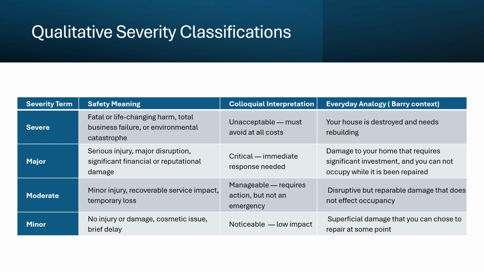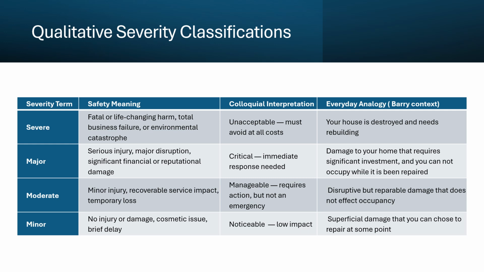Just as we saw that we can classify probability, we can also classify severity. Severity captures how bad the outcome would be if the hazard materialized. That can range from minor inconvenience all the way up to catastrophic loss. Severity classifications help us describe the scale of harm, from negligible through to catastrophic, so we can combine them later on with probabilities.